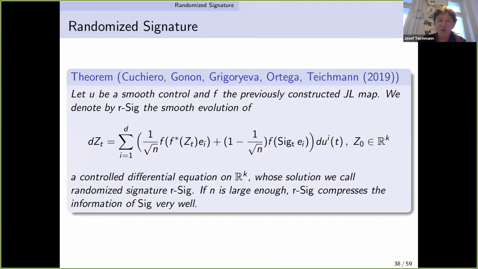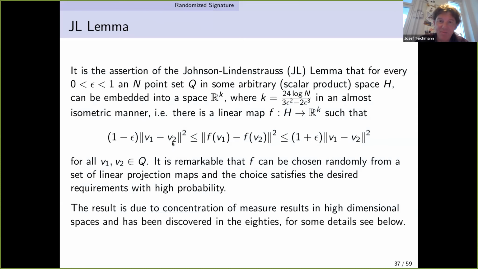Okay, so we take this Johnson-Lindenstrauss lemma, we take such a map, we apply it on our infinite dimensional algebra, or at least on a high but finite dimensional truncation of it, and we construct a low dimensional dynamical system which actually has such a form. So F is a Johnson-Lindenstrauss map, and I did not mention that before.